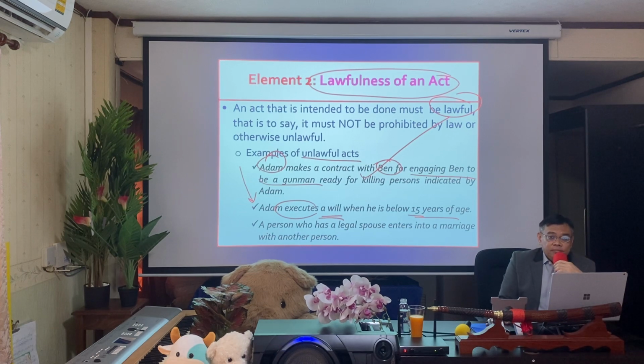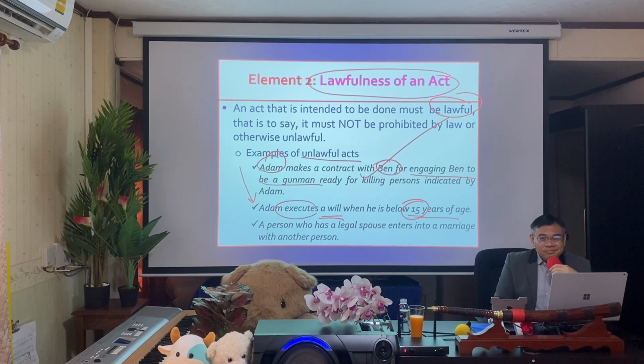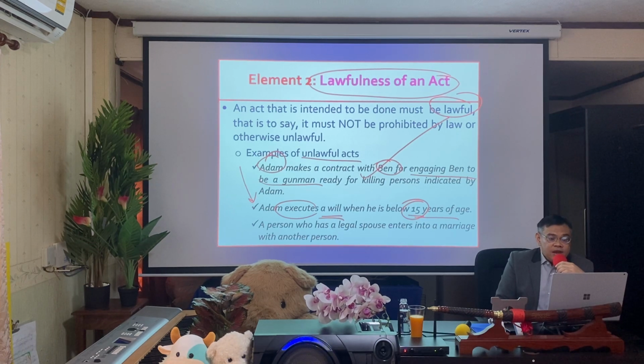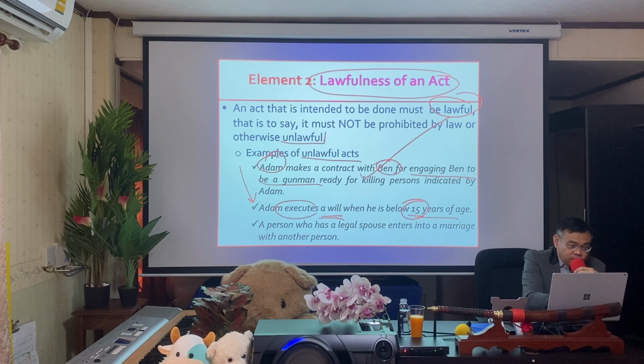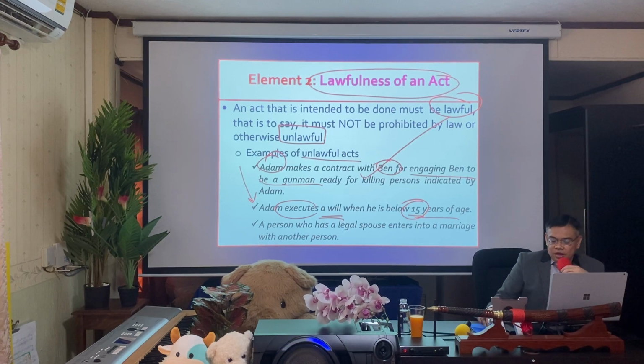We call the person who makes a will the testator. A testator must be at least 15 years of age. If Adam makes this will when he is below 15, he does something which is not permitted by law. That is something unlawful, so this juristic act cannot have legal effect. It cannot be a valid juristic act.